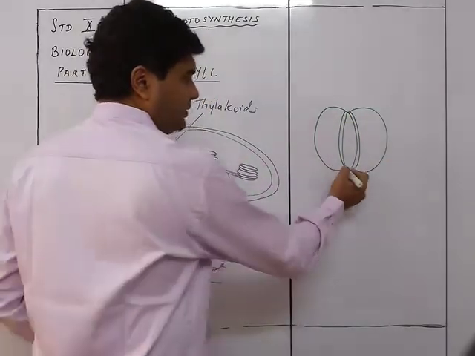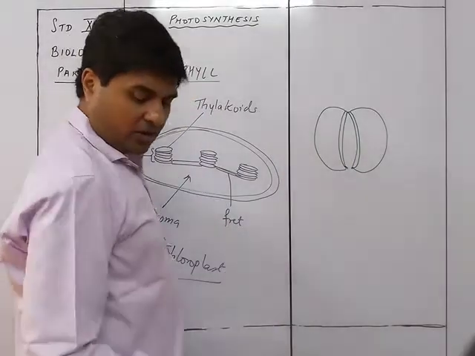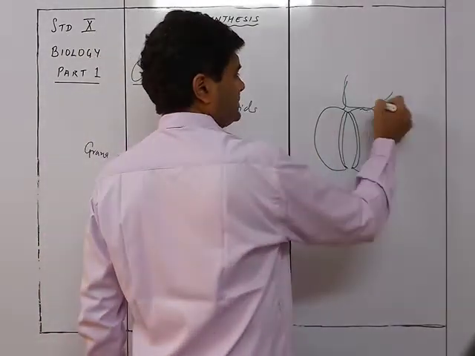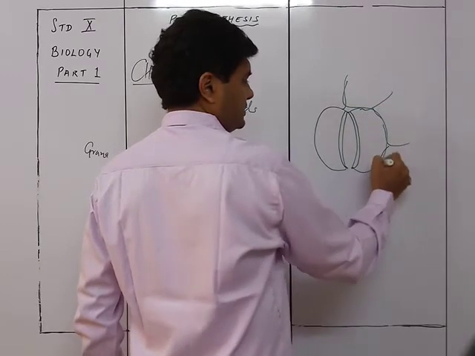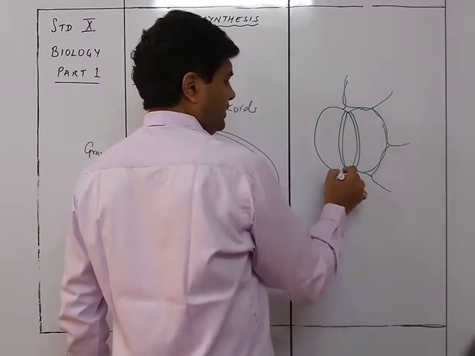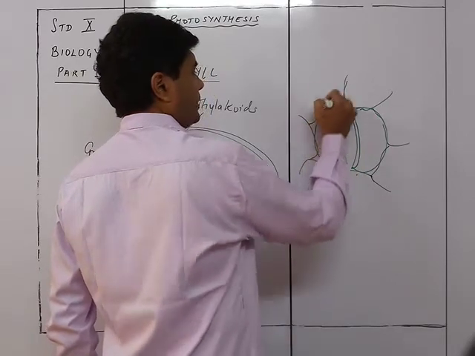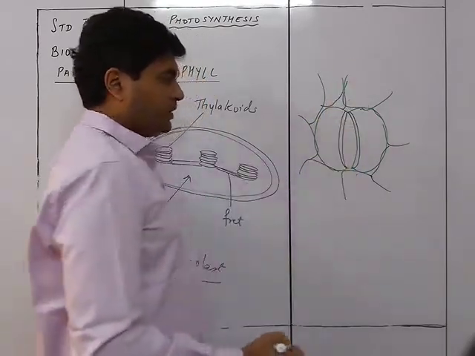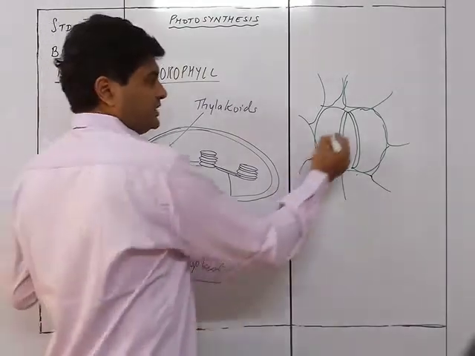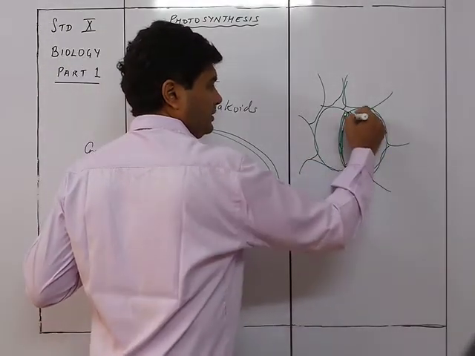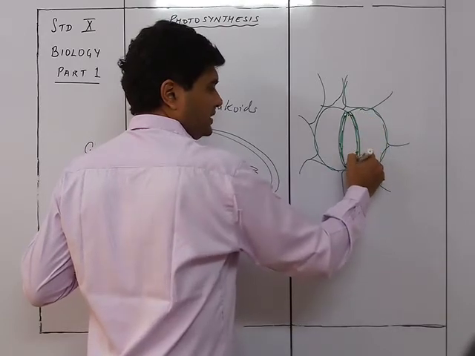Okay, this is how it is, and accordingly there will be the other cells here. So this is one cell, this is another cell, this is the third cell, this is the fourth cell over here, and accordingly we will have different cells connected around this particular guard cell. And this part over here is the aperture or opening.